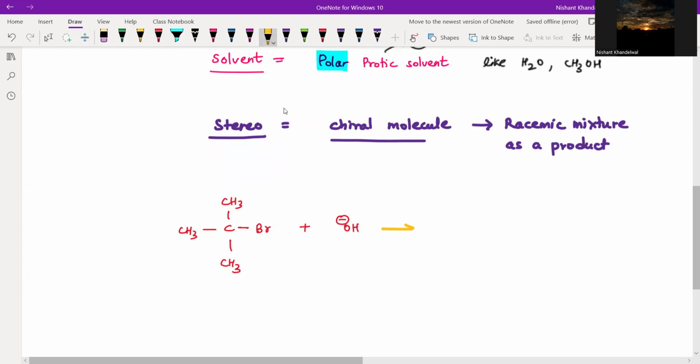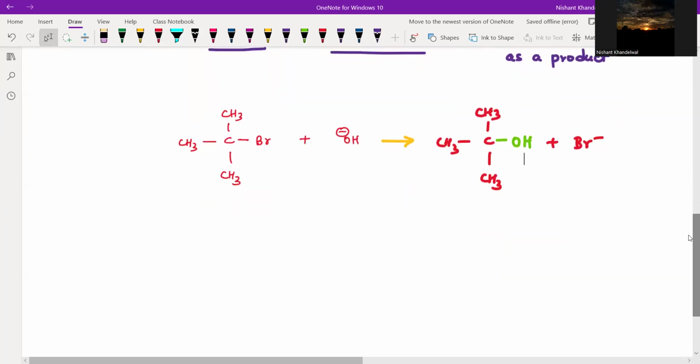And then we will be getting this as our product, right? A tertiary alcohol. So the substrate here is tertiary. How to check? The alkyl halide which is attached to the carbon, check the degree of that carbon. So this carbon is tertiary.